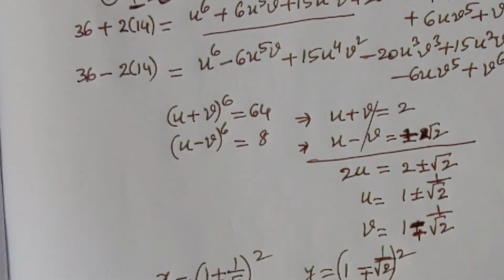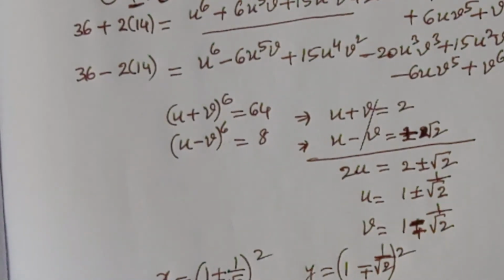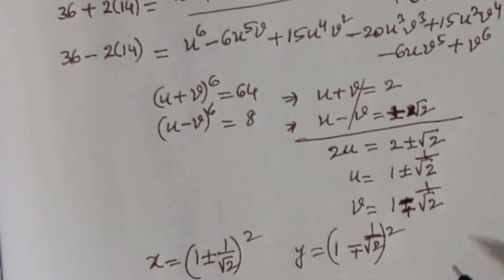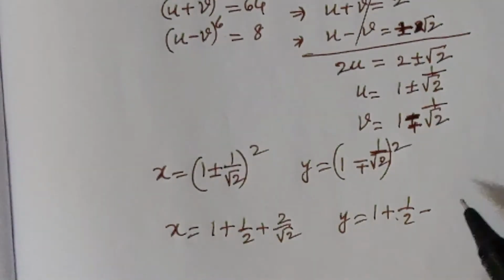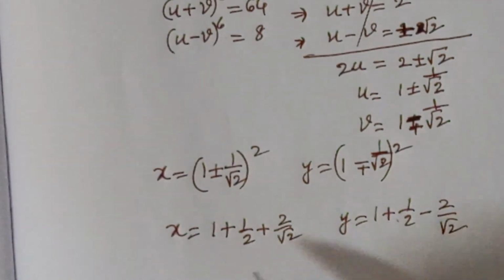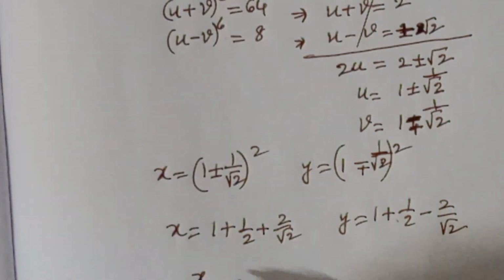The x value will be 1 + 1/2 + 2/√2, and the y value will be 1 + 1/2 − 2/√2.